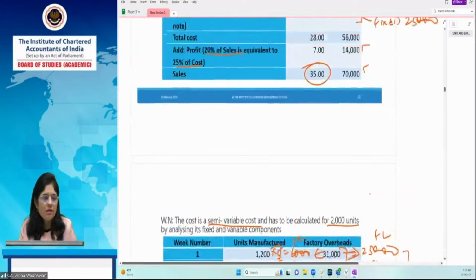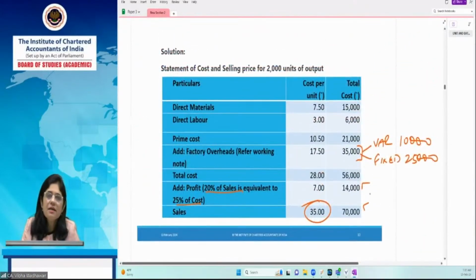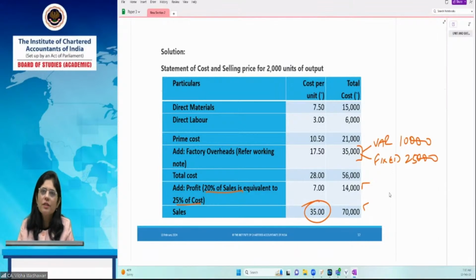This is the basic mathematics. Clear? You should practice these things, because if I tell you how to calculate the profit, we are going to miss the other important concepts of costing. If the profit is given on sales, but we have to calculate on cost, it's more of mathematics than costing. Clear?